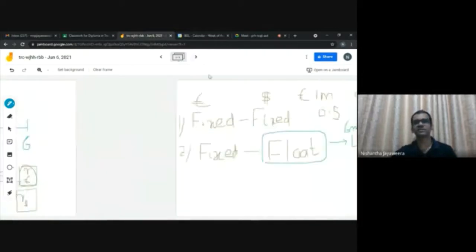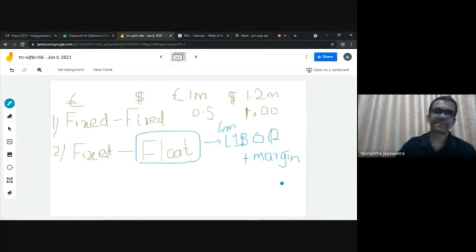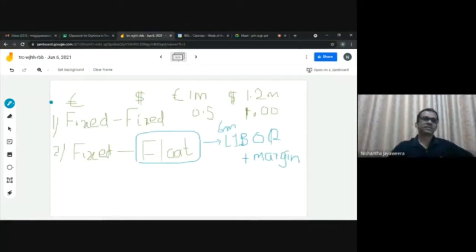Not only that, there can be LIBOR plus a margin. Again, that depends on the parties to the agreement and their credit risk. What would be the third option?